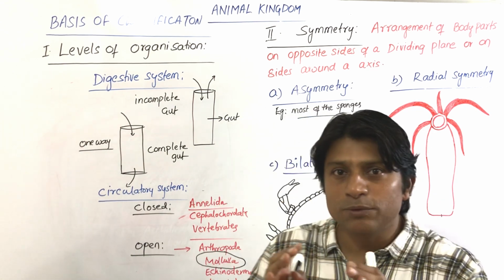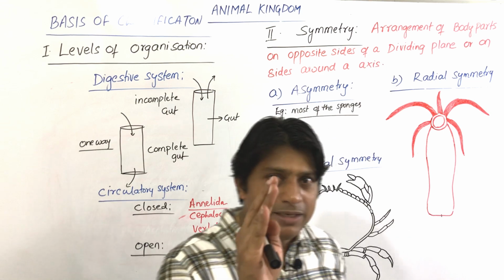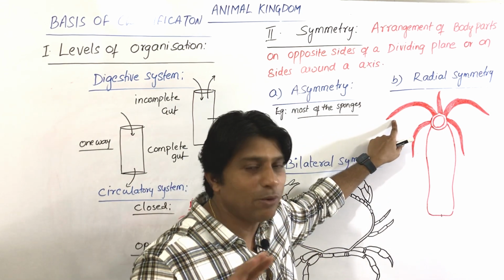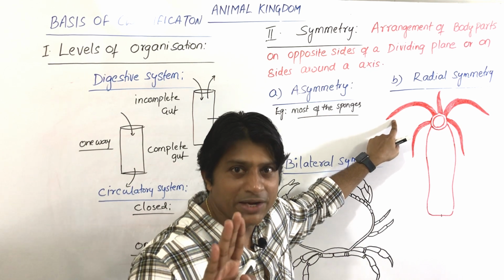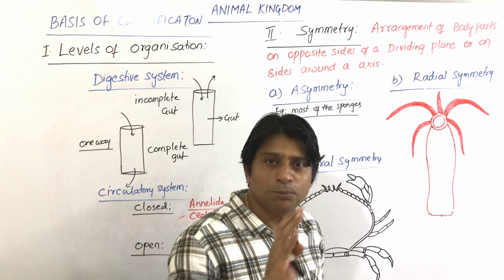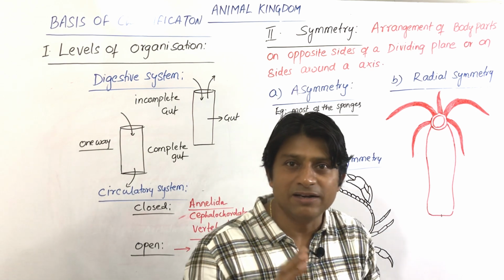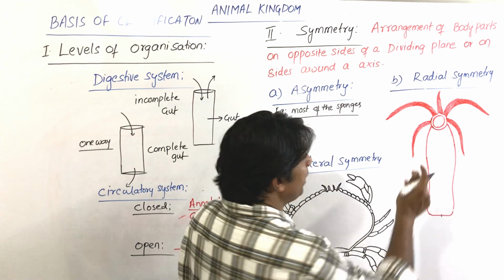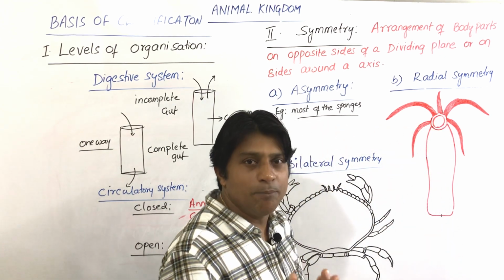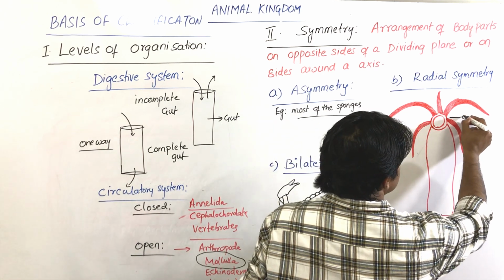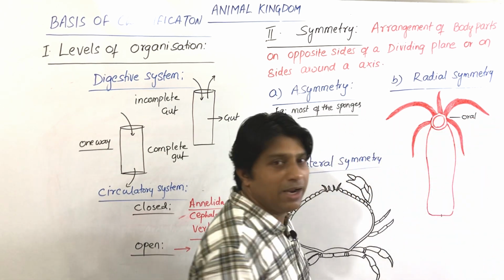Next, something you have to remember here: in radially symmetrical animals, in general, I'm talking about without any exceptions, they do not have any anterior, posterior, dorsal, ventral, or lateral surfaces. They have an opening which acts as a mouth for ingestion and anus for ejection, which is called the oral end.